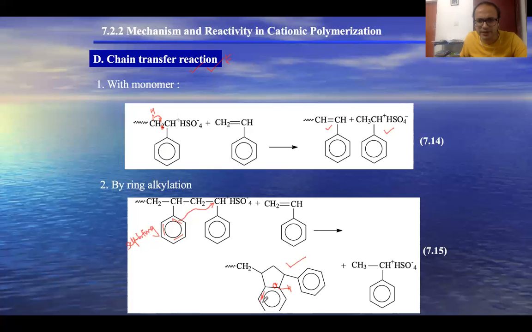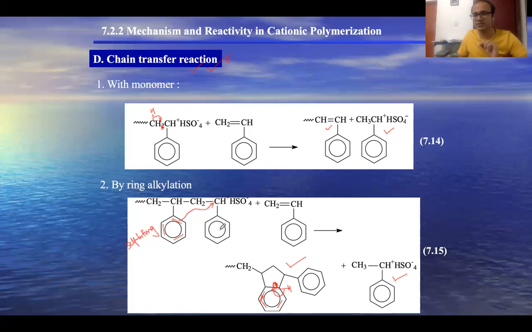Sorry, here a double bond and this double bond. So you have a positive charge developed here, and this will undergo movement like this. So H plus is generated here, and it becomes aromatic, and that H plus is accepted by this monomer, which thereby gets activated in the process, and the chain also gets terminated.